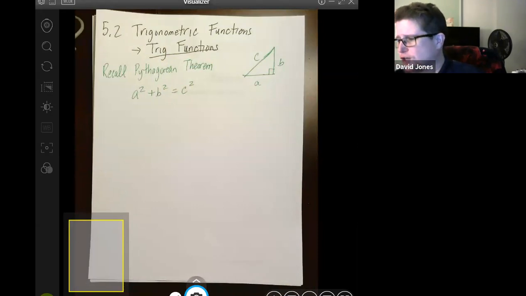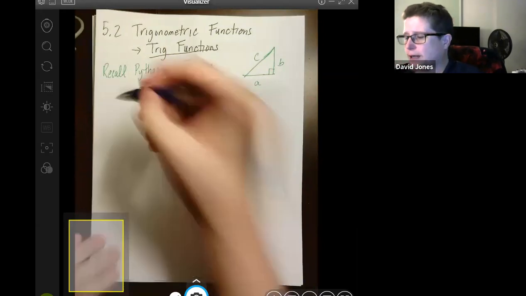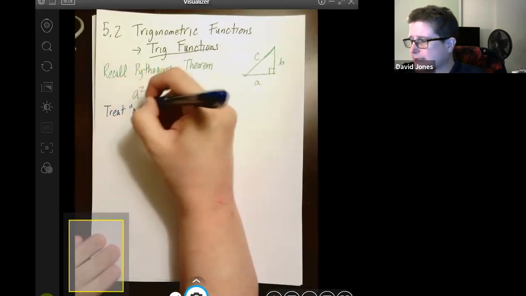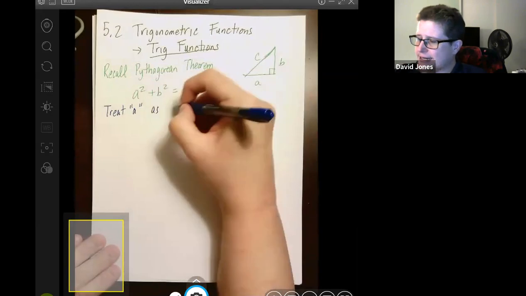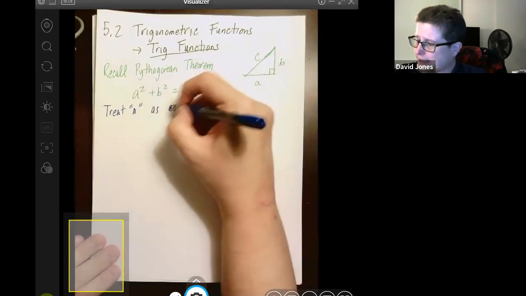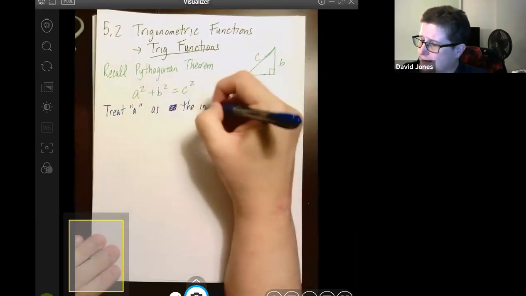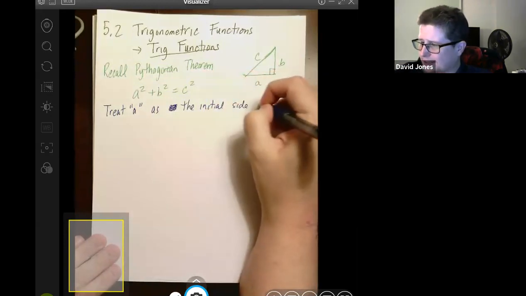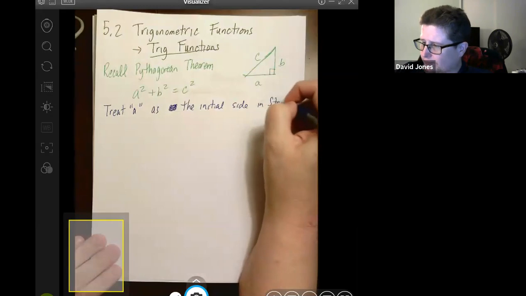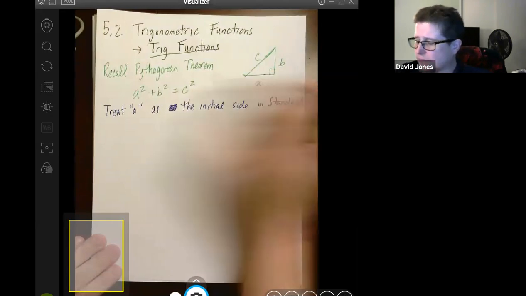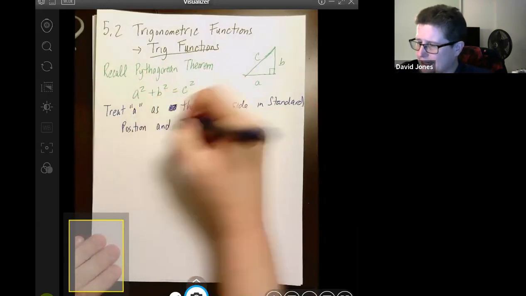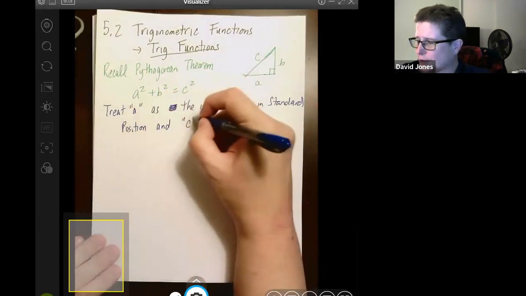Now, when we shift this to trigonometry, we're going to treat A as the initial side in standard position. And C as the terminal side.